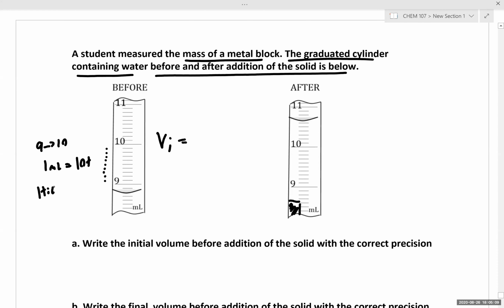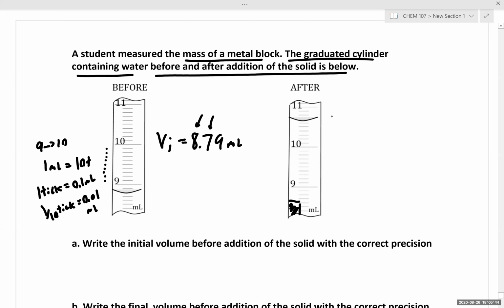So 1 tick is equal to 0.1 milliliters, and a tenth of a tick is equal to 0.01 milliliters. So our initial volume is about at 8.8. So we'd write our initial volume as 8.79, for example, where our first two digits are certain and we estimate one additional digit.